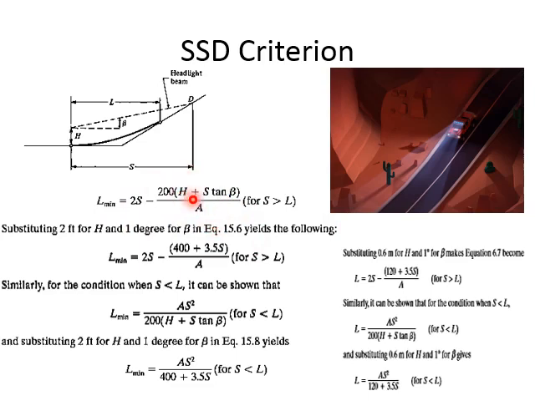You can see we are not using h1 and h2 here, we are using h and tangent beta, which are the parameters of the headlight. H is the height of the headlight above the ground, which we said in the previous case is 2 feet for a car, and beta is the angle of inclination of the headlight beam from the horizontal. Beta is normally 1 degree.